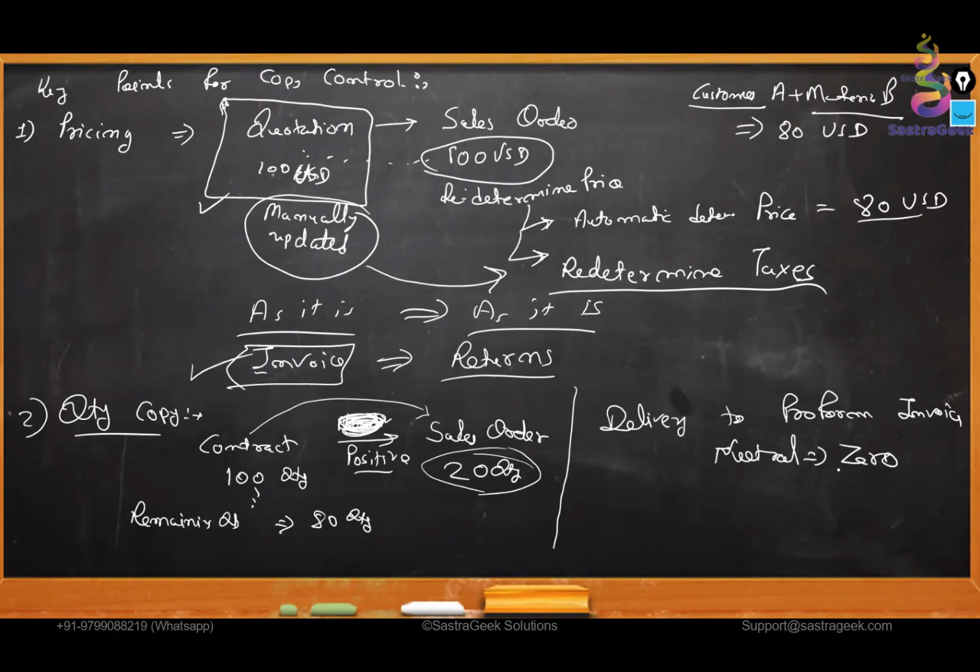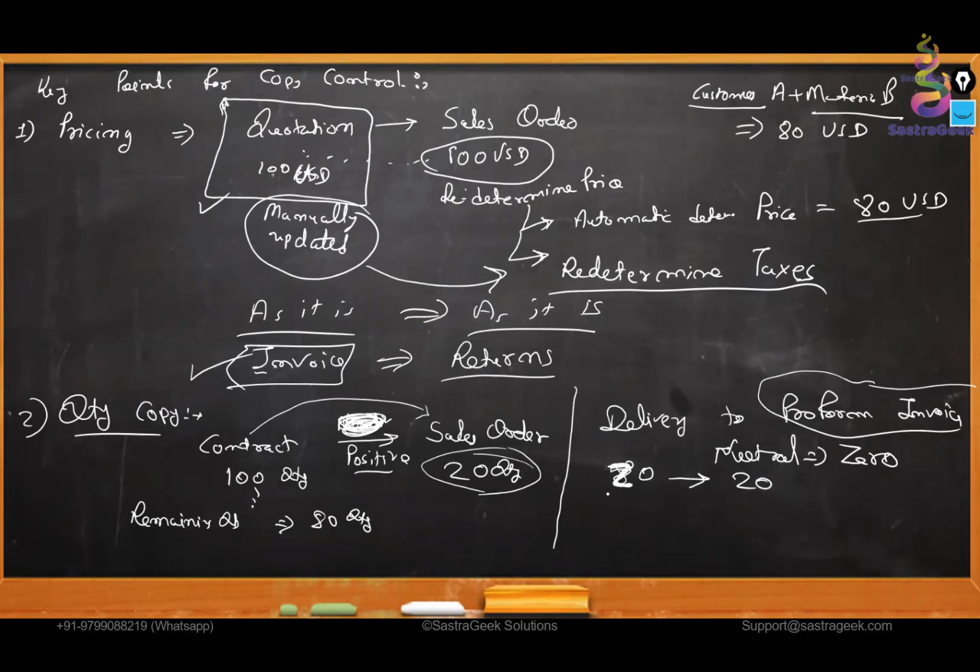I would consider it a neutral scenario because this is a pro forma invoice and it does not do anything from the quantities perspective. Even if I have a delivery quantity of 80 and ultimately 20 in this example, and out of 20 I create the pro forma invoice for 20, there is no impact. The delivery quantity is still as it is. It's not a real invoice, so the quantity impact is nil.